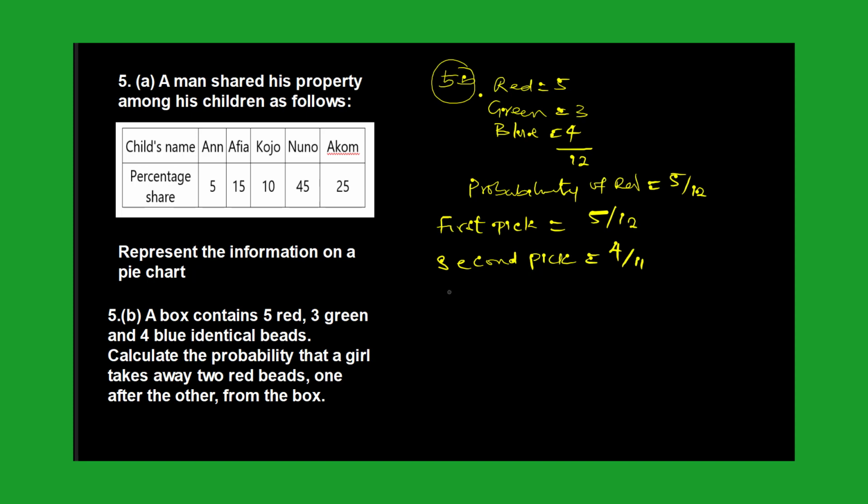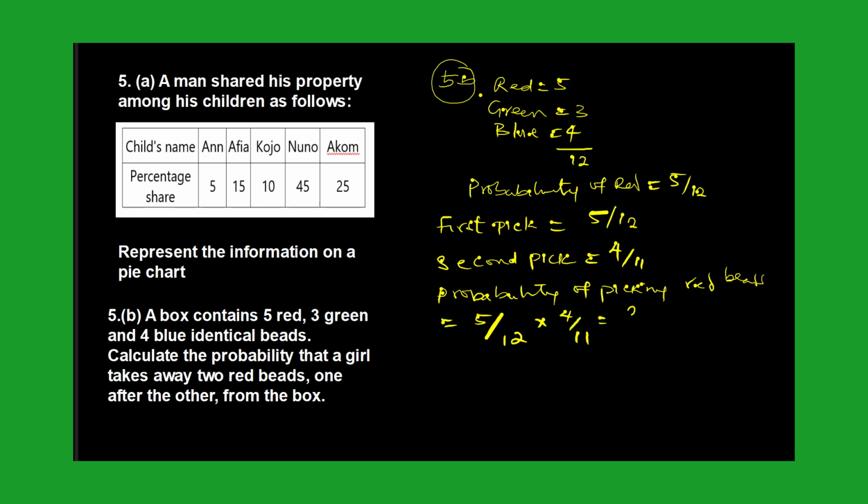So the probability of picking two red beads equals 5 over 12 multiplied by 4 over 11.